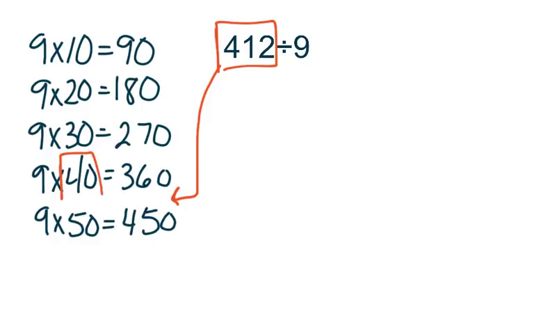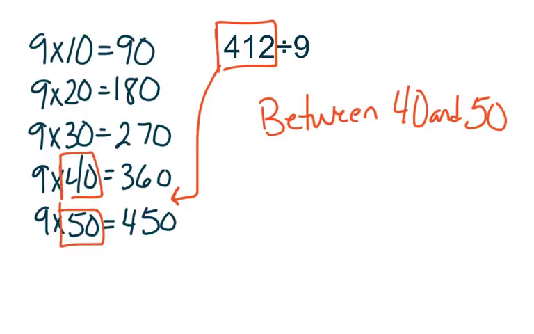So I'm going to put a box around my two factors. So my quotient falls between 40 and 50. Now I want to know, which is it closer to? Is it closer to 360 or is it closer to 450? In order for me to find that out, I need to think about what 412 is closer to. If I was going from 360 up to 412, I would need to add 52.